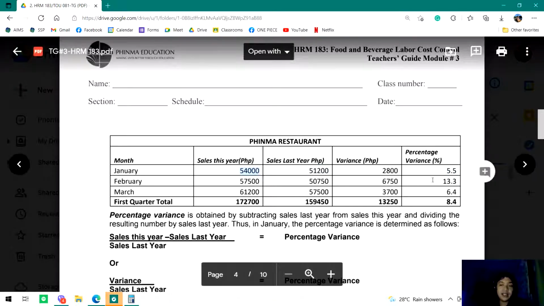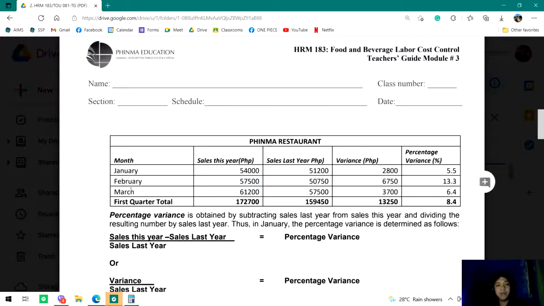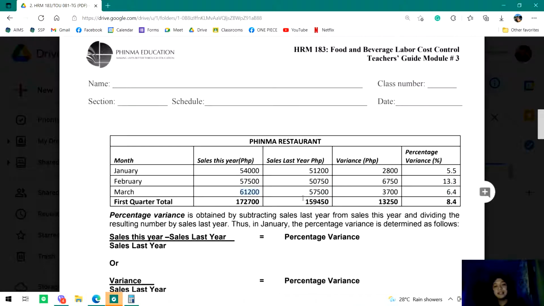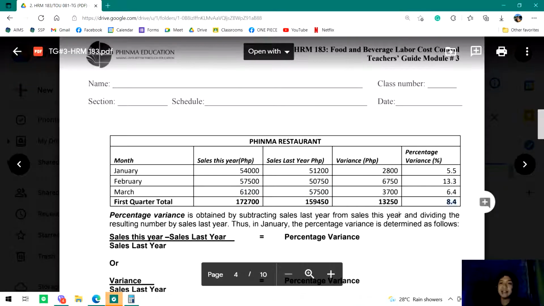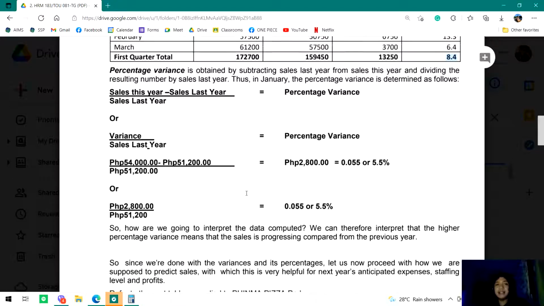Same with February, sales increased by 13.3% from last year to this year. Same with March, 6.4%. So overall, sales increased by 8.4% during the first quarter total. So that is the third formula we need to remember. Again, let's go back.